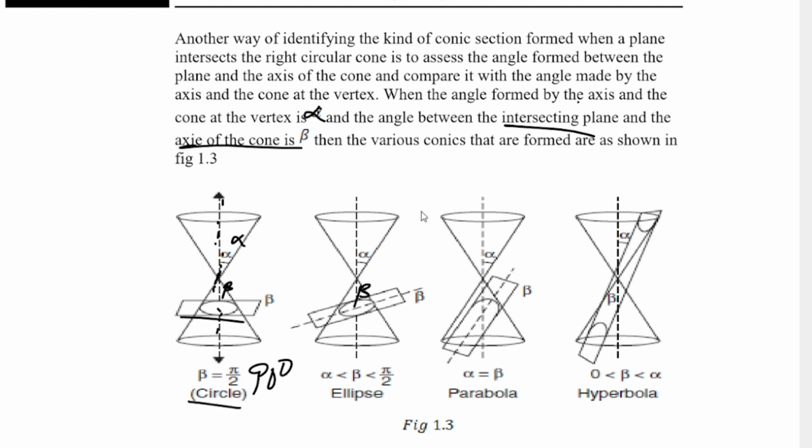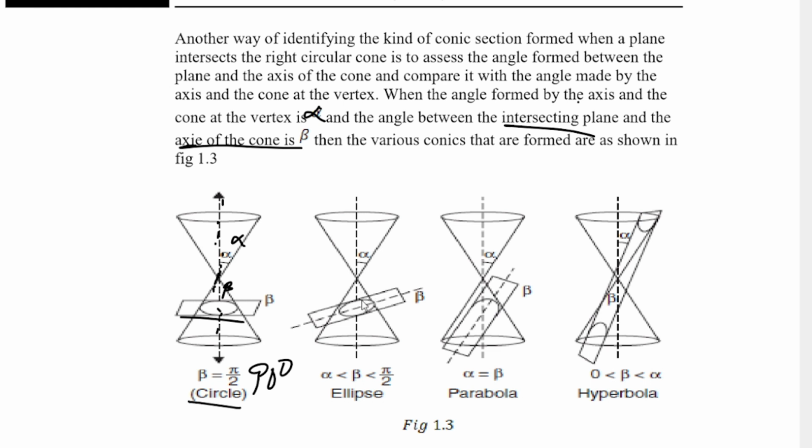Again, if alpha, the angle between the axis of the cone and one of the slant lines of the cone, is less than beta, the angle over here, then it is also less than 90 degrees. Let me clean this and rewrite it once again.